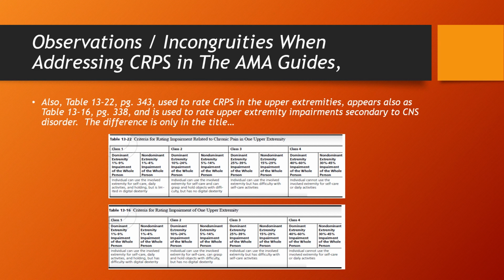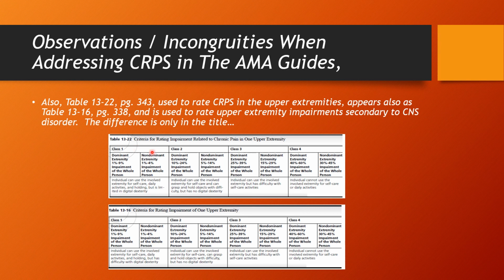In reference to the last slide where we were discussing how they were using non-neurologic impairment and central nervous system impairment using Table 13-15. Now, Table 13-22 and Table 13-16, if you take a look, it's the exact table but has a different title.